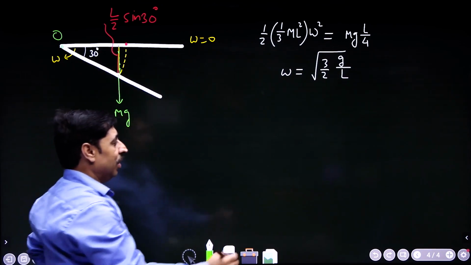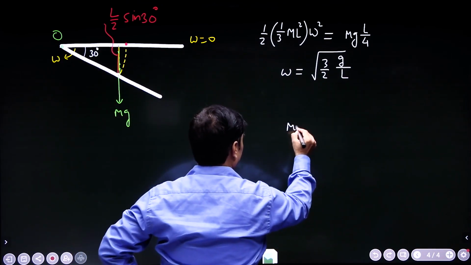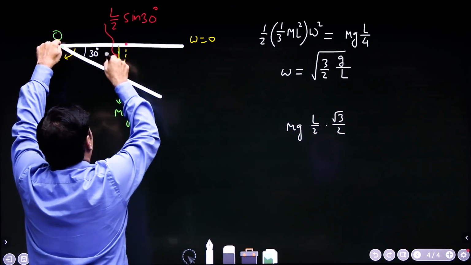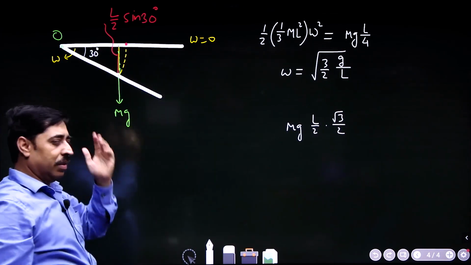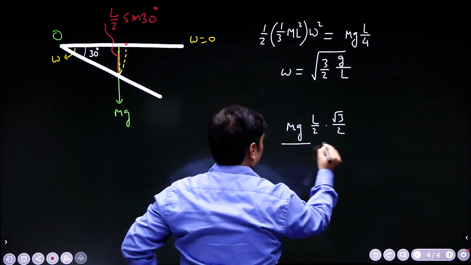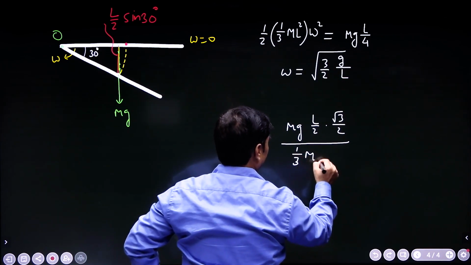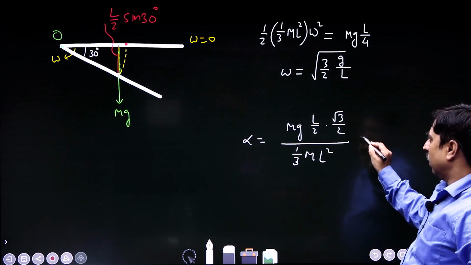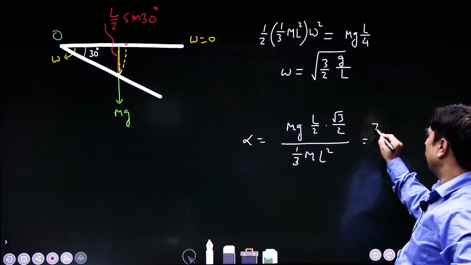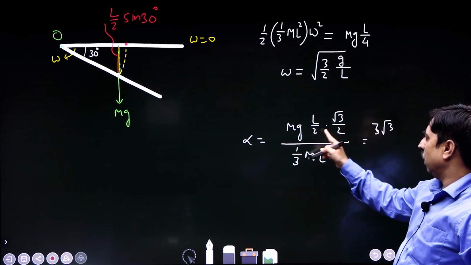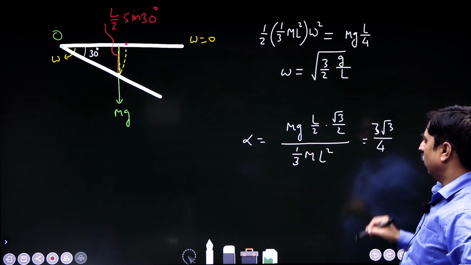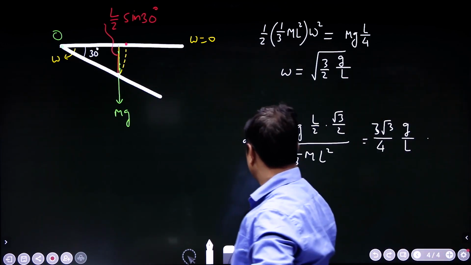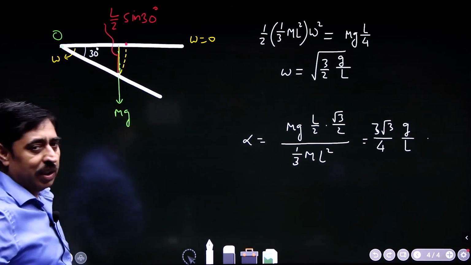So the torque due to mg is mg times L by 2 cos 30 degrees, and torque divided by moment of inertia 1 by 3 mL square is the angular acceleration. So the angular acceleration of the rod is 3 root 3 by 4 g upon L, something like this. Please cross check. 3 root 3 by 4 g upon L.